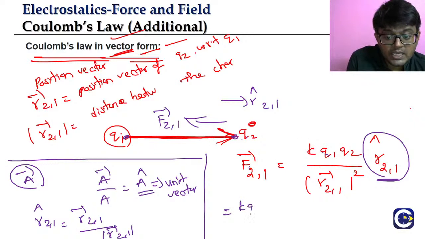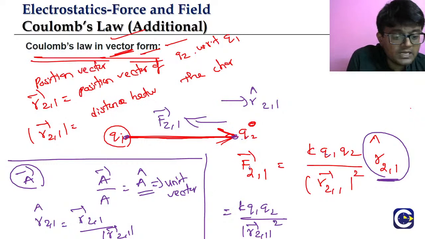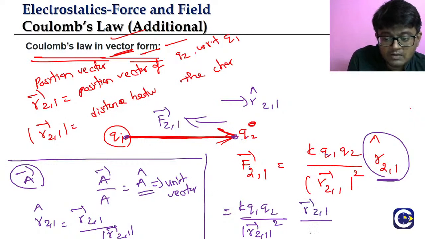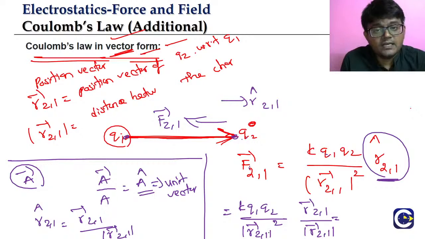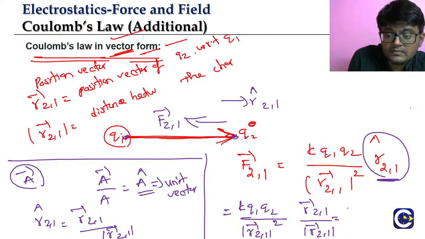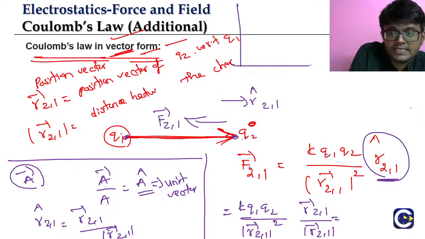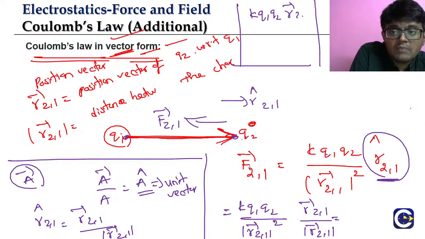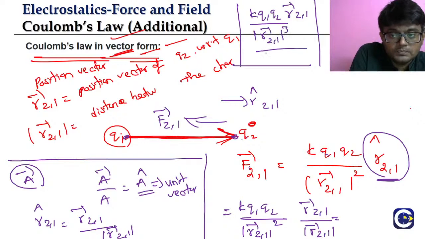K into q1 into q2 divided by modulus of r bar 2 comma 1 square, and instead of r cap I will write r bar 2 comma 1 divided by its modulus. The denominator already has modulus of r bar 2 comma 1 square, so totally the final expression is k into q1 q2 r bar 2 comma 1 divided by modulus of r bar 2 comma 1 whole cube.